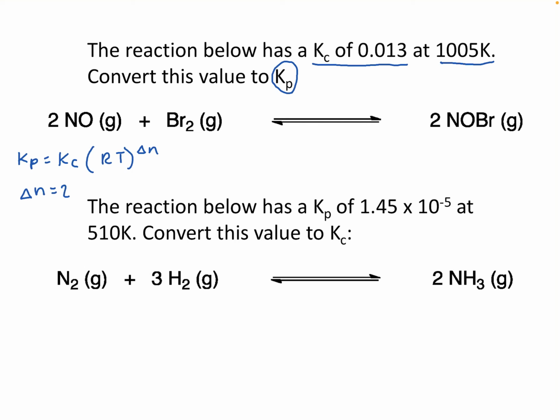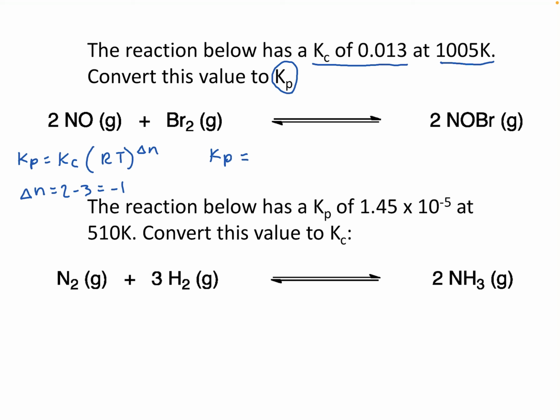If I look at the balanced equation, there are 2 moles of gas on the product side, and a total of 3 moles of gas on the reactant side. So Δn would be -1.